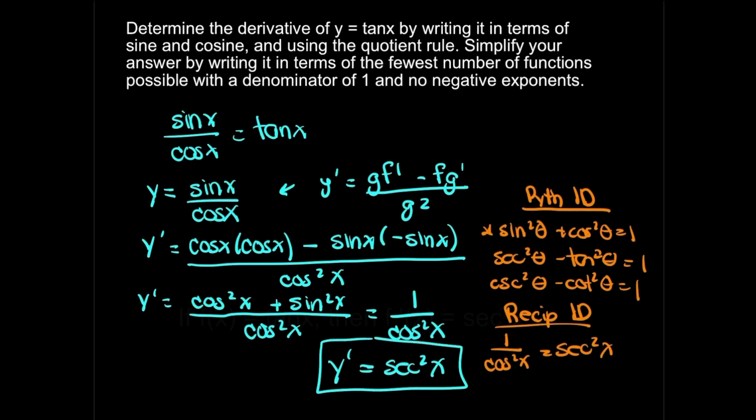So this is one that I think you should add to your rules to live by. So our new rule to live by will be that if y equals sine x over cosine x, then the derivative of that will be equal to secant squared x.